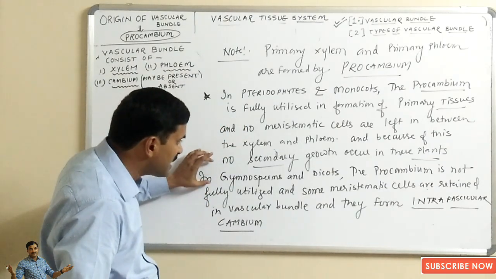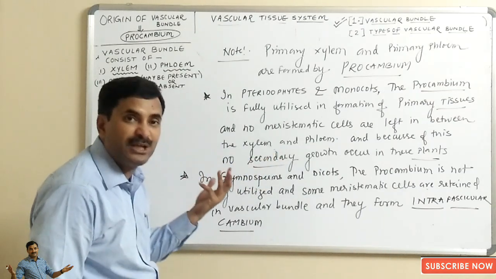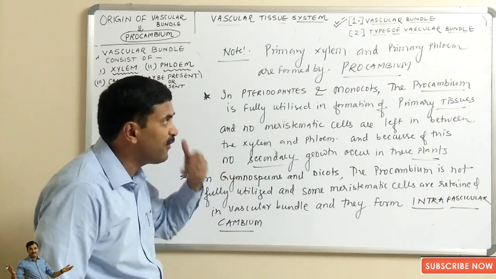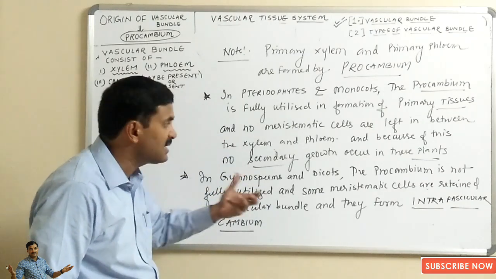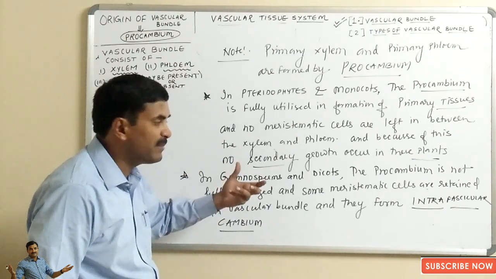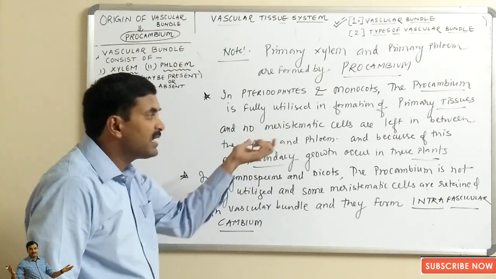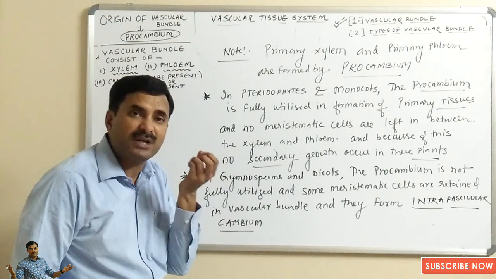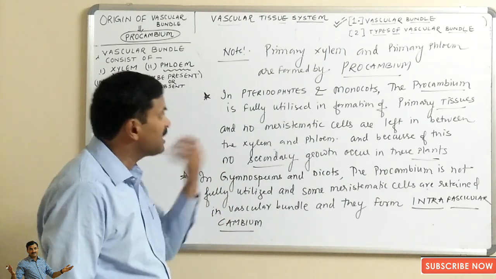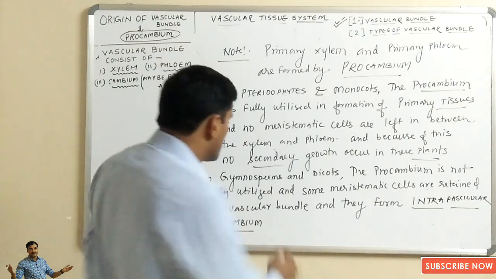Again, I am repeating, in gymnosperms and dicots, the procambium is not fully utilized during the development of the primary tissues. At least some meristematic cells are retained in the vascular bundle, and these meristematic cells form intrafascicular cambium, and this intrafascicular cambium is very very important for the secondary growth in the dicots.